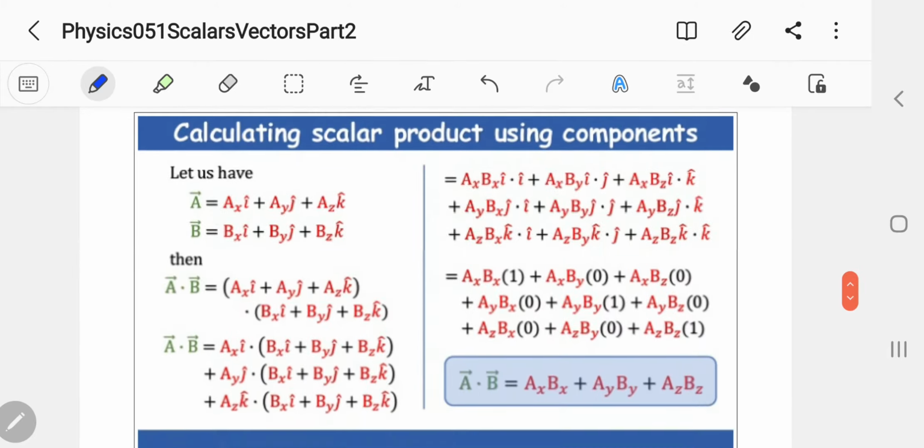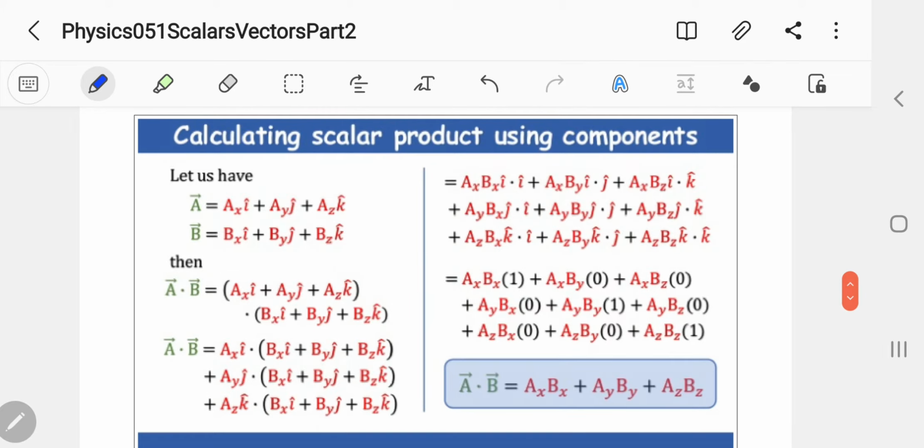And so if you get the dot product of two vectors A and B with these components, you have to multiply the components algebraically. If you do that, you will have 9 terms.